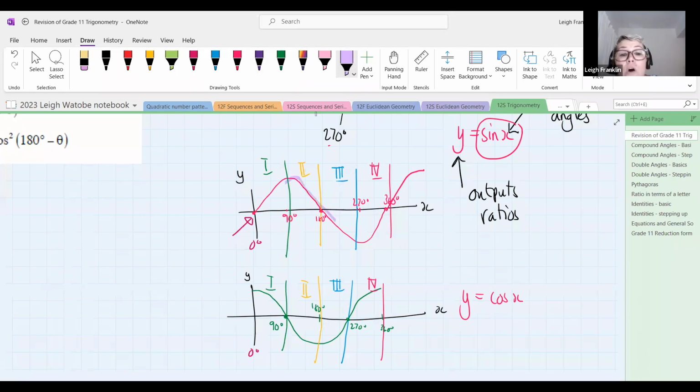Your sine graph and your cos graph are identical shapes. They are just 90 degrees separated from one another. If I take my cos function and shift it 90 degrees to the left-hand side, I would have a sine graph. And if I take my cos graph and shift it 90 degrees to the right, I would end up with a sine function. So yes, that's why we call them cofunctions. You are onto something there. I'm so glad you were able to see that, Katleho.